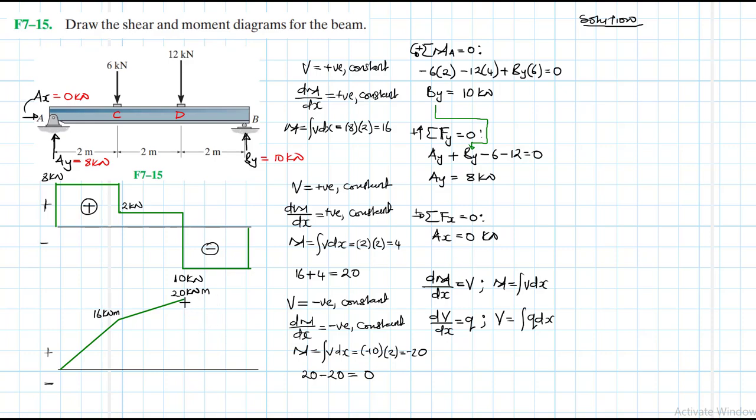Therefore, this part here, like we said, will have a negative constant gradient. So we'll have a movement from there to 0, up to there, something like that.